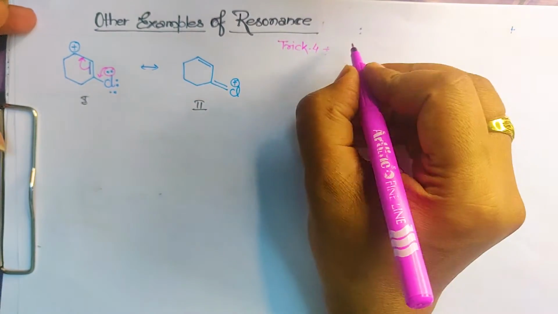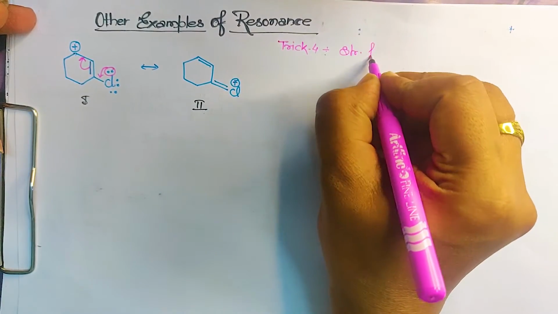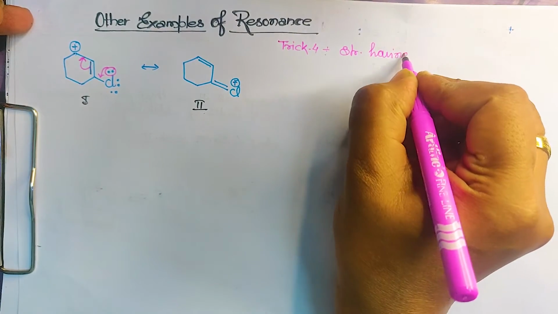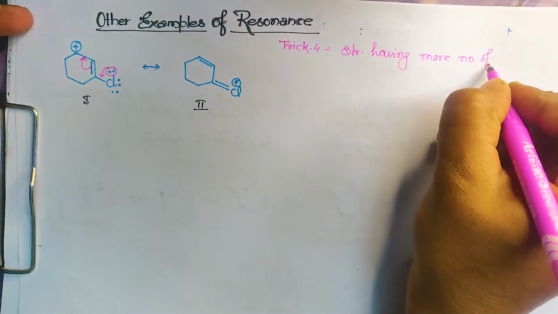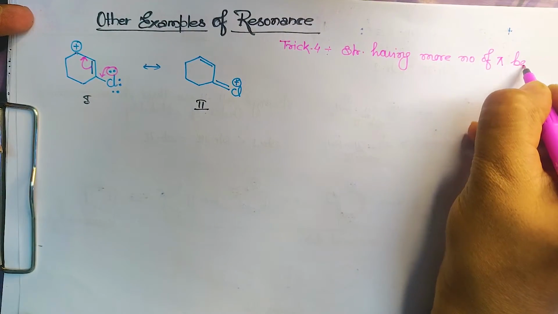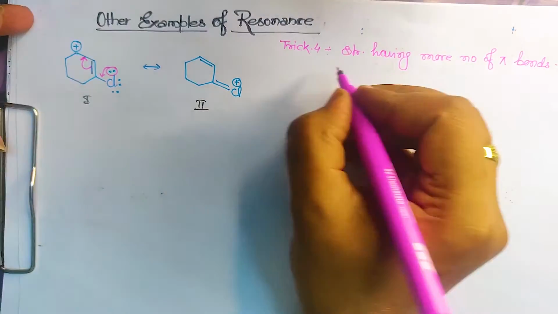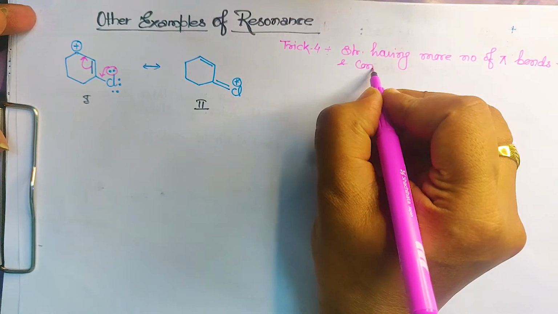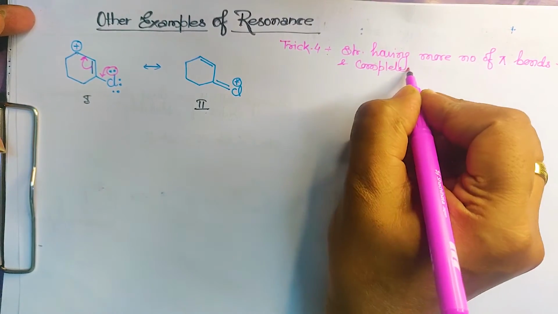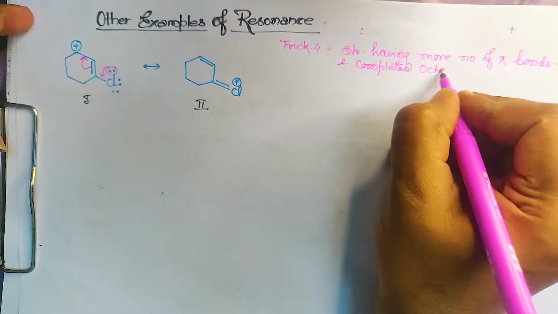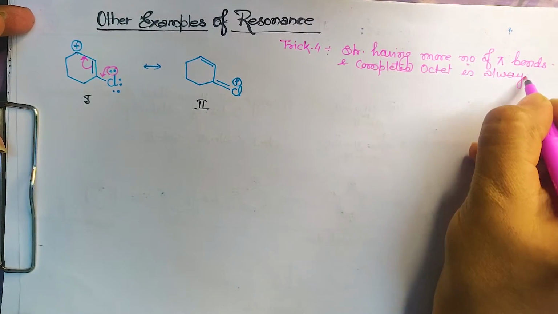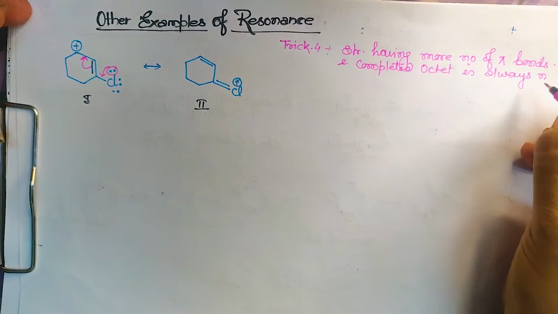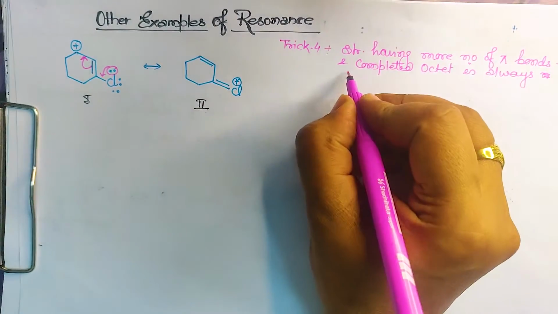In this case, it is said that a structure having more number of pi bonds and a completed octet is always comparatively more stable.